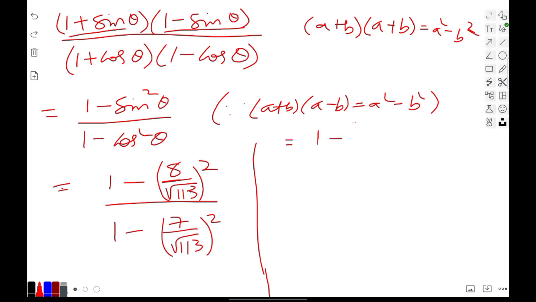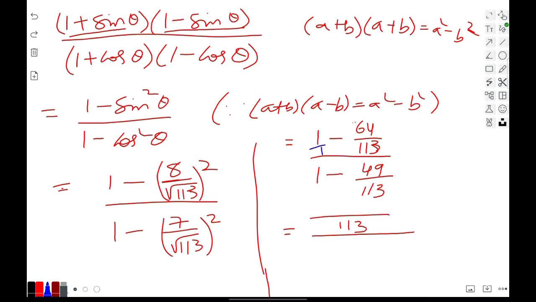1 minus 8 square is 64 by, and root 113 whole square is 113, by 1 minus 7 square is 49. Same here, root 113 whole square is 113. Now do the LCM in the numerator and denominator. In the numerator the LCM is 113. As the denominator is 113, you need to multiply and divide with 113 over here, so that you will get 113 minus 64.